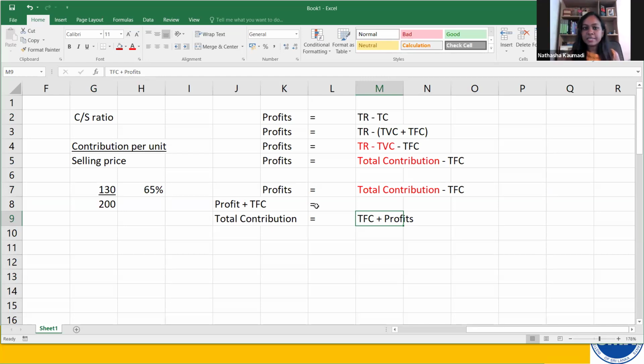Now my question is, if the fixed cost is lower than total contribution, what is remaining?